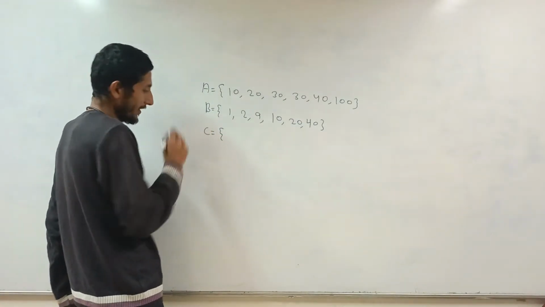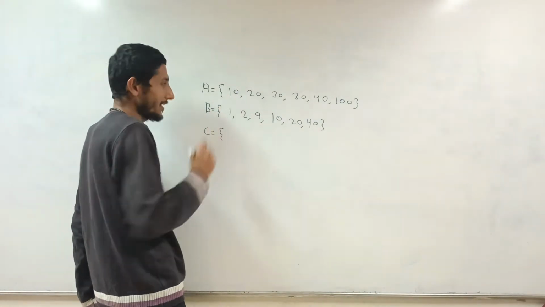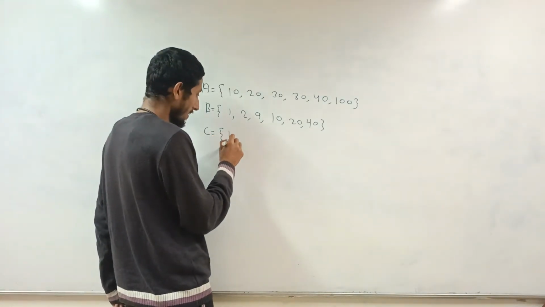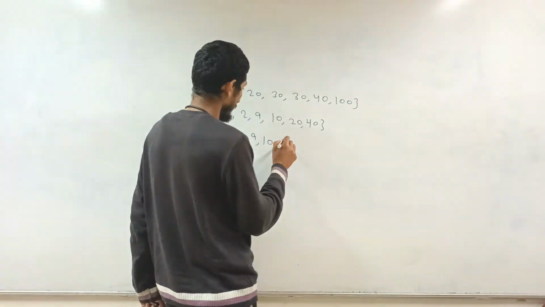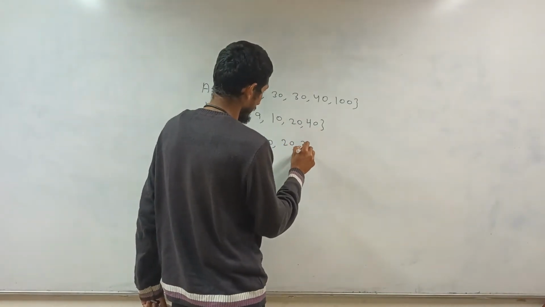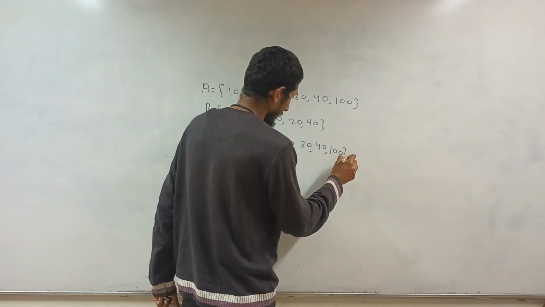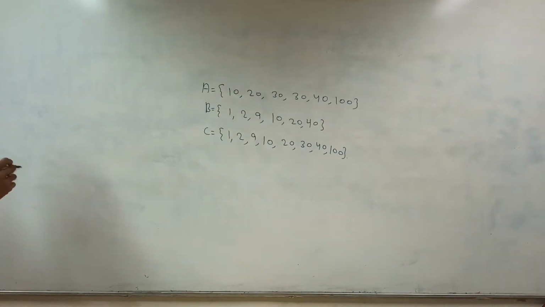Your task is to build an array C which contains elements from both the arrays but in sorted order. It means the output should be like this. And at the same time, this array should contain no duplicate elements.